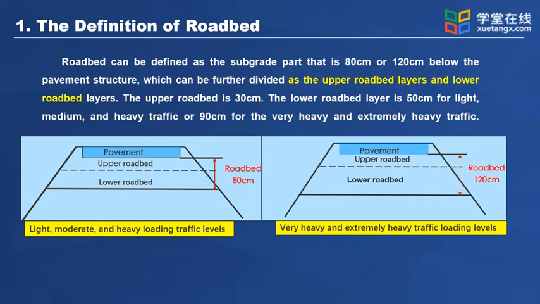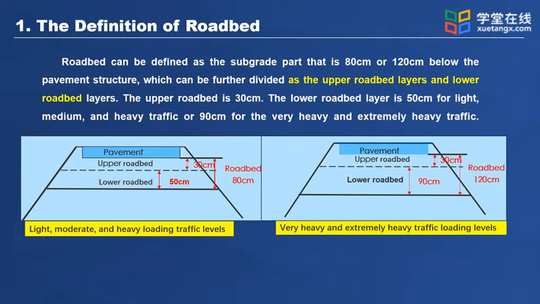The roadbed can be further divided into the upper and lower roadbed layers. The upper roadbed layer is 30 cm. The lower roadbed layer is 50 cm for light, medium, and heavy traffic, or 90 cm for the very heavy and extremely heavy traffic.